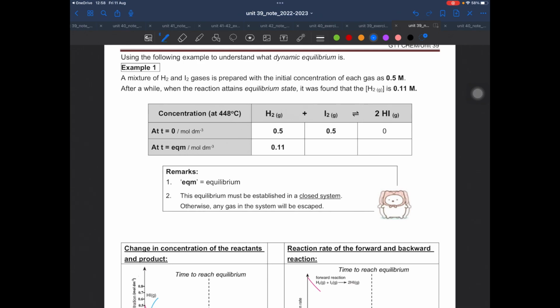For the first point, everyone should pay attention: in the calculation, what we are concerned with is concentration, not number of moles. That involves number of moles and volume. Don't forget volume.